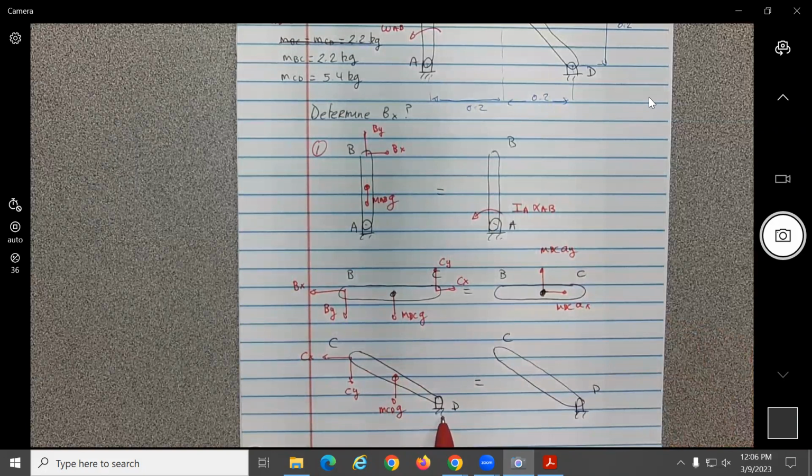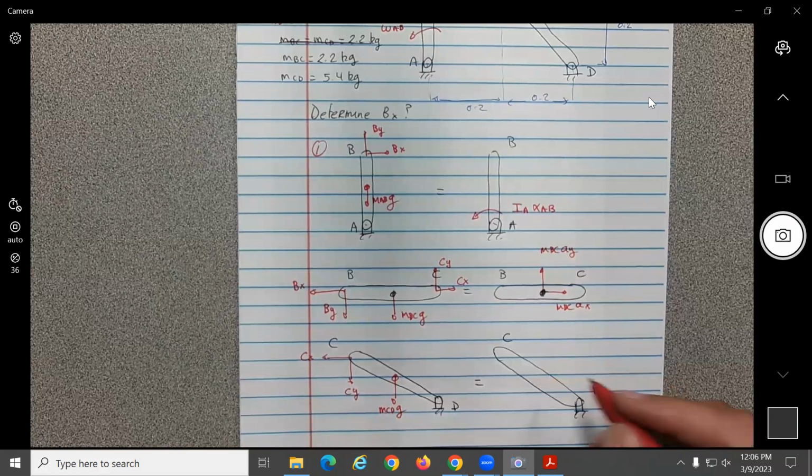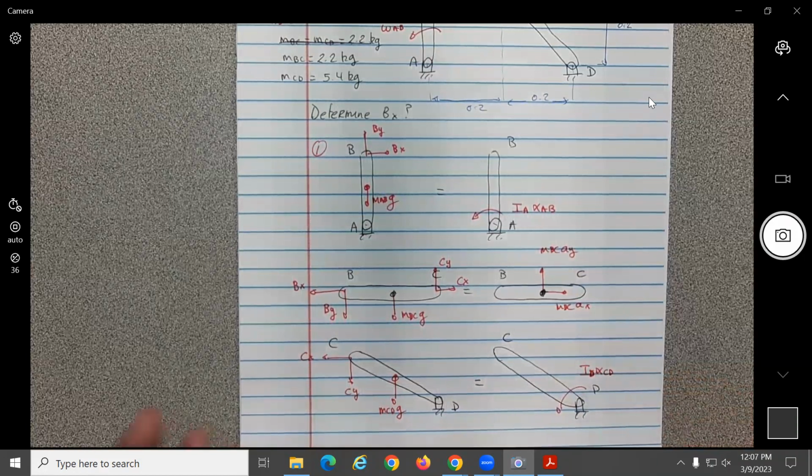And I'm keeping this pin, no? I don't remove the pin, okay? Then what are you going to have over here? Oh, we have the choice. Here we can select to also take the moments about point D. So if we take just about point D, can I call just this one ID? Alpha CD, is that okay? It's just notation, okay?